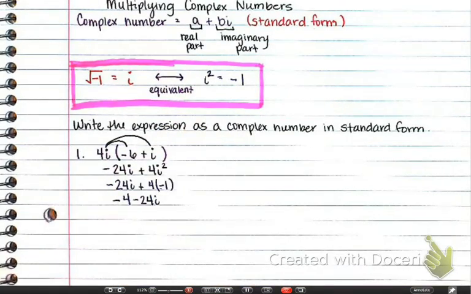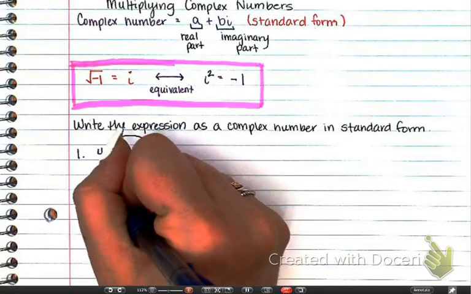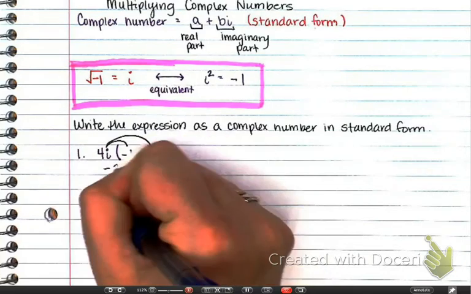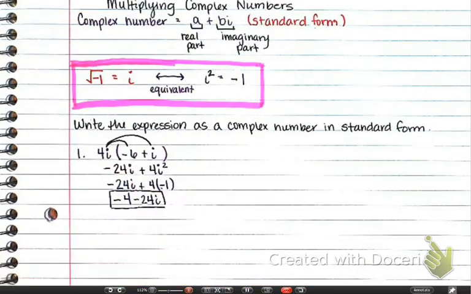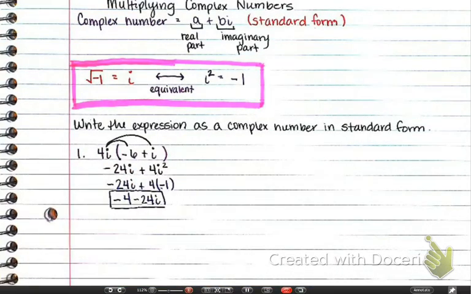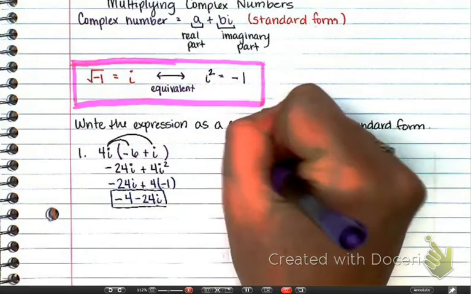Is that in the form A plus BI? Okay, so the multiplying part's not hard. It's the remembering to change I squared to a negative 1. Are you okay with that? Yeah? Okay, so let's see if you can do this one.